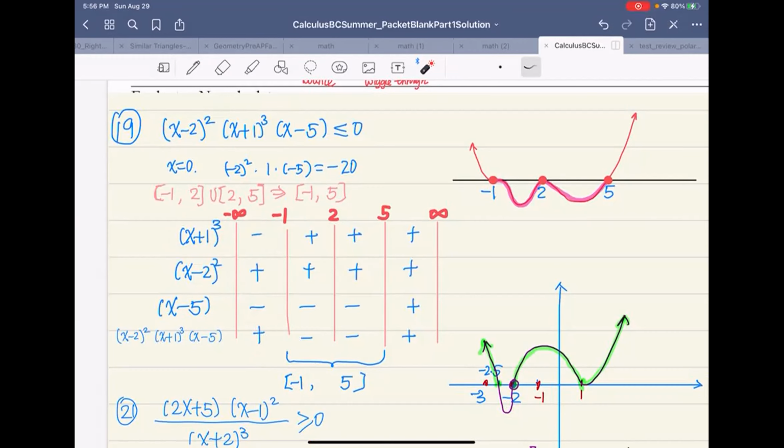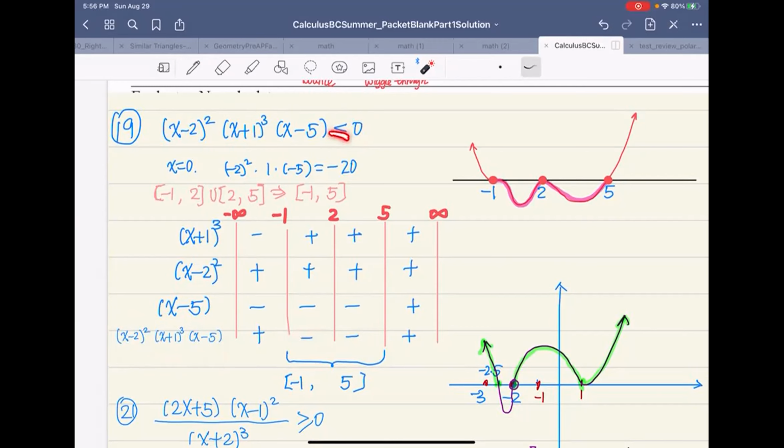Okay. And then you have this. Plus, plus, plus, product is plus. Plus, plus, negative, your product is negative. Plus, plus, minus, your product is negative. This product is positive. So you are looking for the product negative. There you go.